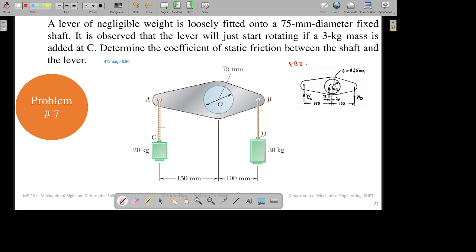As it is rotating in this manner, the line of action of R will shift to the left side. If there is no motion over here, then the line of action of R will be in the middle, but since it is rotating in the anti-clockwise direction, the line of action of R will shift to the left.